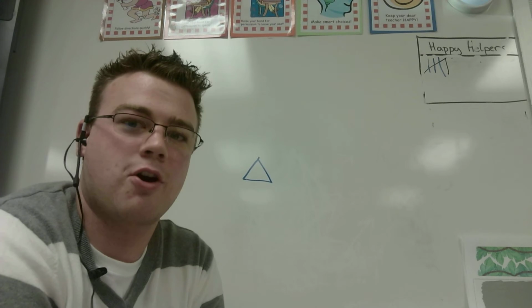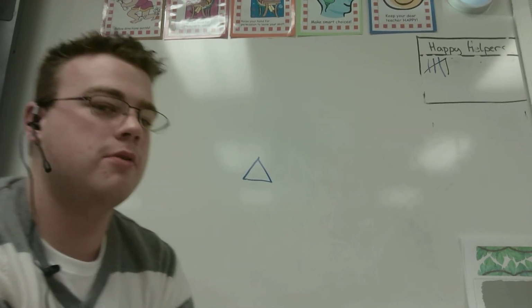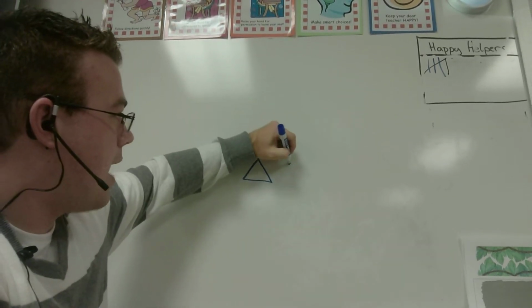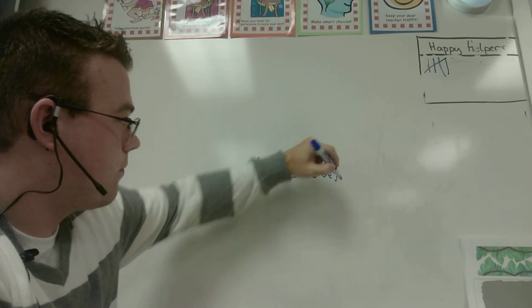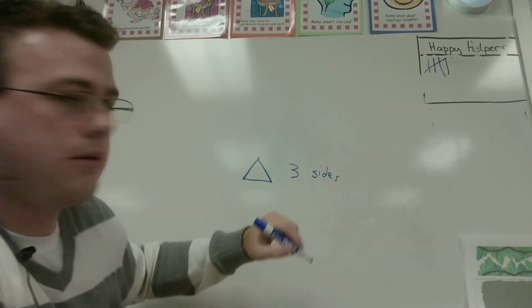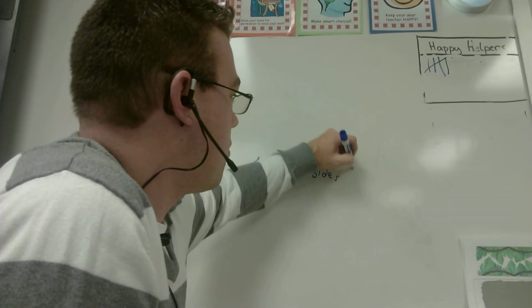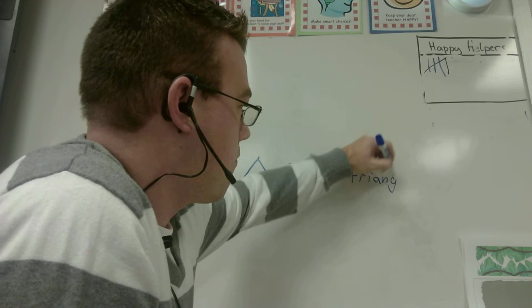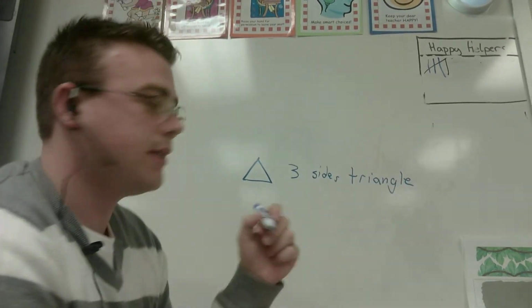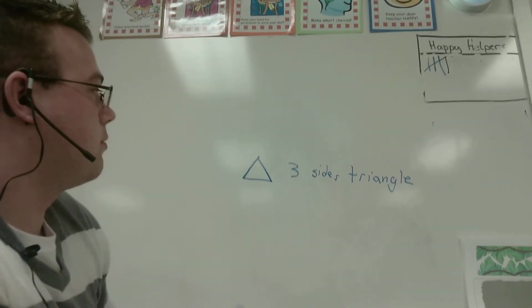And let's see, it looks like I have room to write it over here. This is a triangle. I'll make a little chart to make it easy for you to see. Okay, next we're going to talk about a quadrilateral.